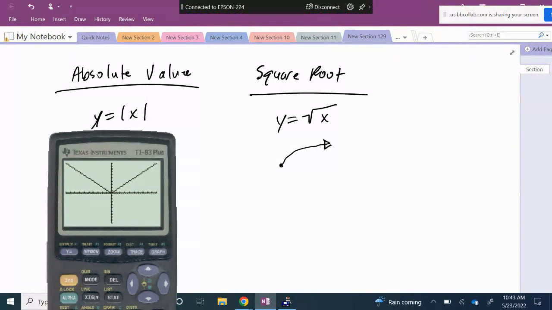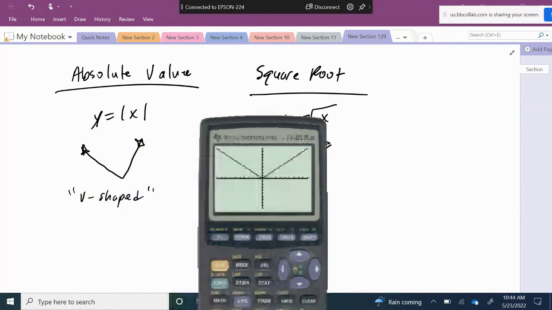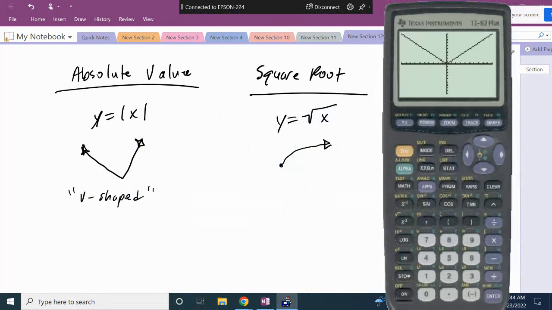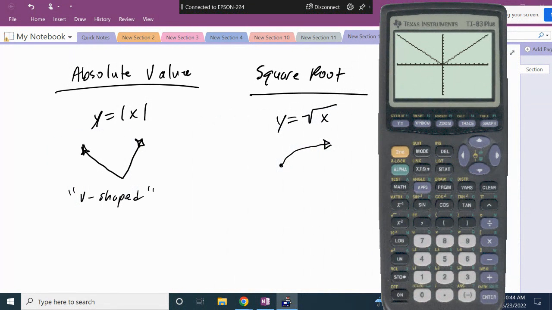All right, so this is the square root graph, and if we put that into our calculator, I'm going to go into y equals and clear that out.